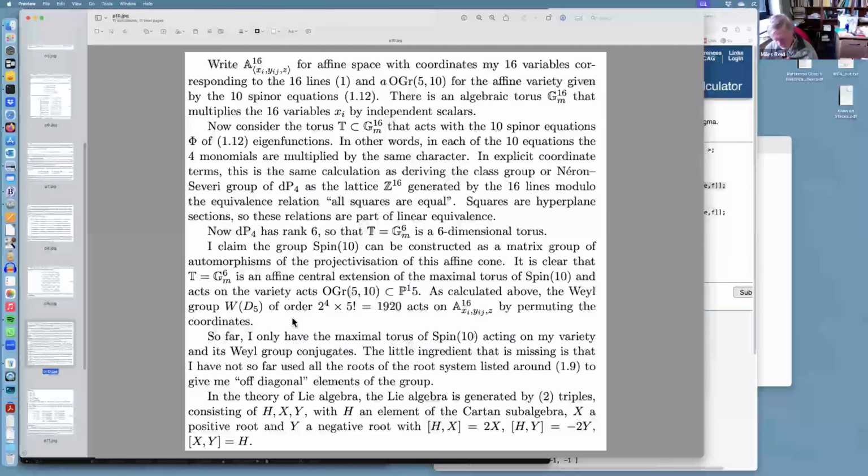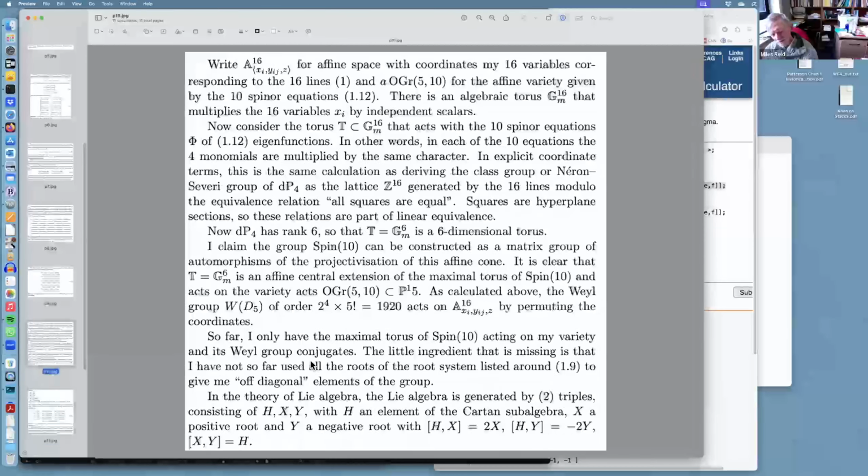Of course, it's very important, but you're missing all the roots of the root system. I want to have off-diagonal elements of the root. Yes?